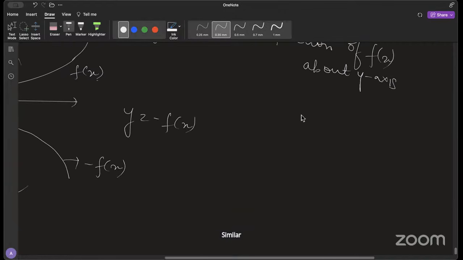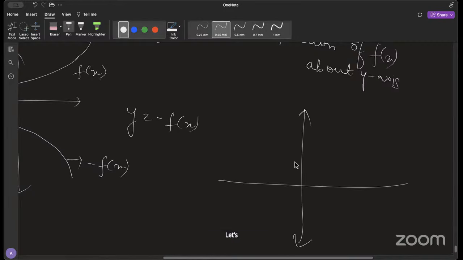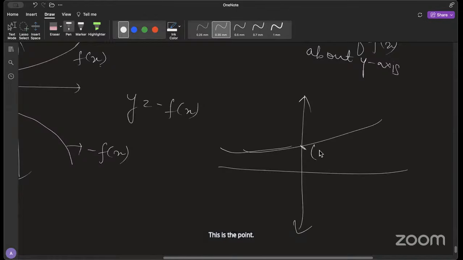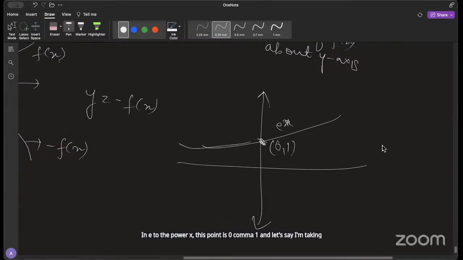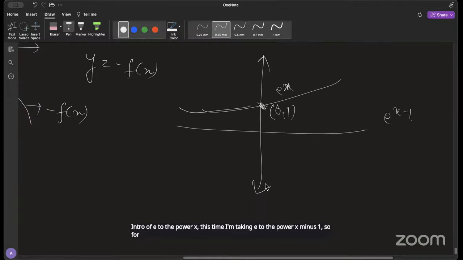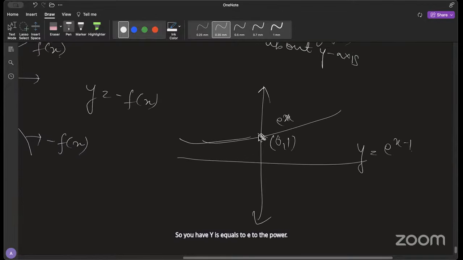Similarly, if you want to take, let's say, the point 0, 1. In e to the power x, this point is 0, 1. And let's say instead of e to the power x, this time I'm taking e to the power x minus 1. So for you to plot this one, you have y is equal to e to the power x minus 1 this time.